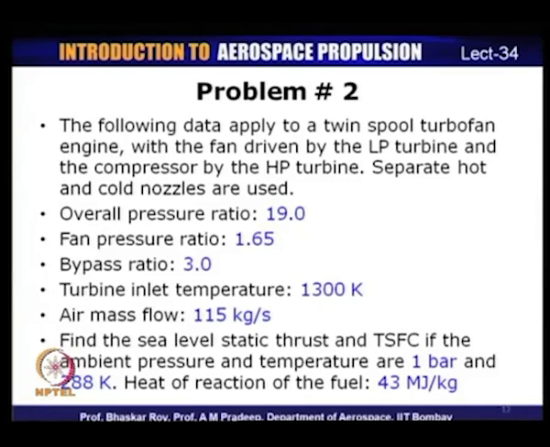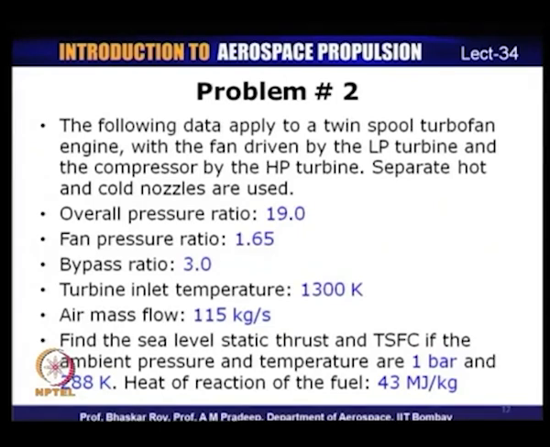We need to find the sea level static thrust and the specific fuel consumption when the ambient pressure and temperature are 1 bar and 288 Kelvin. Heat of reaction of the fuel is 43 megajoules per kilogram. So, this is a problem which involves a turbofan, a twin spool turbofan engine, where the fan is driven by the LP turbine, the compressor is driven by the HP turbine, and we have separate hot and cold nozzles, that is, the two streams do not mix before exiting the nozzle.